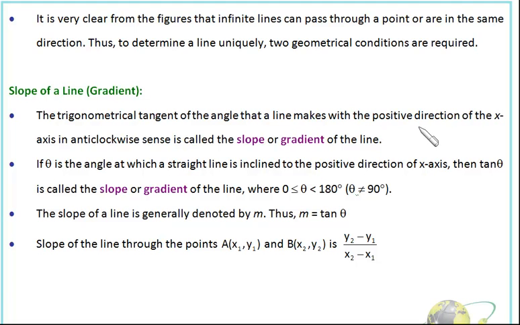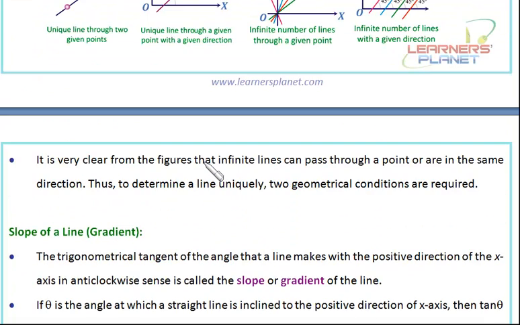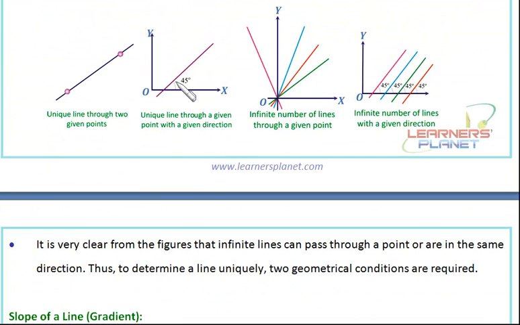that a line makes with the positive direction of x-axis in the anti-clockwise sense is called the slope of the line. Here this is the slope of the line. This is the positive direction of x-axis, and we have to go in the anti-clockwise direction. Okay, so this is nothing but the slope of the line. Similarly, over here this is the slope of the line.